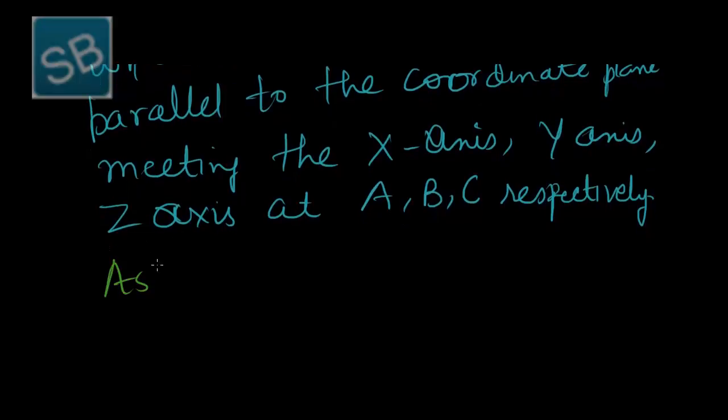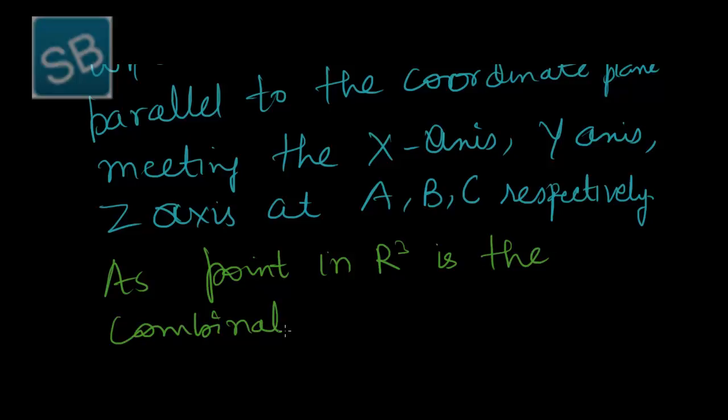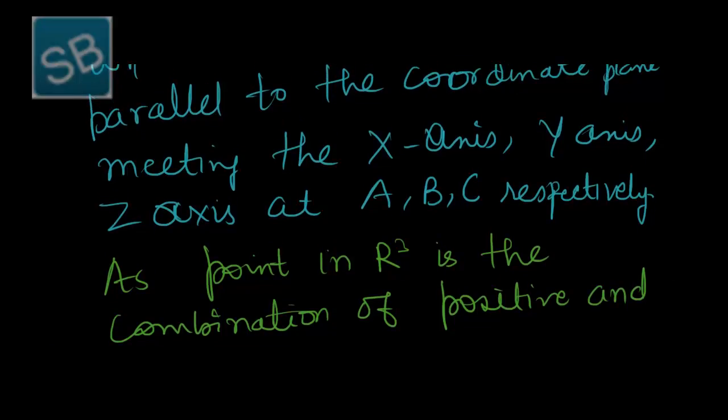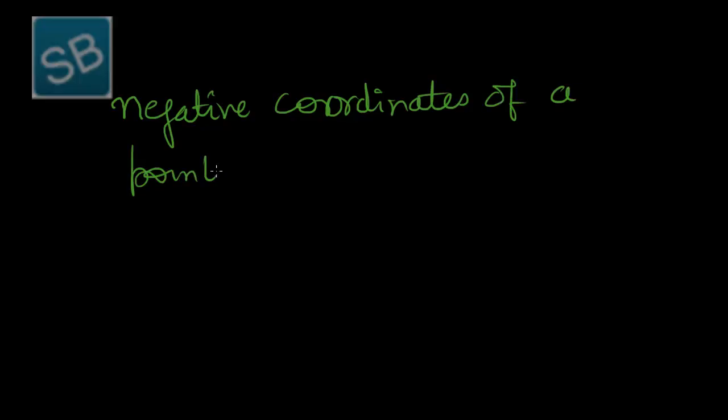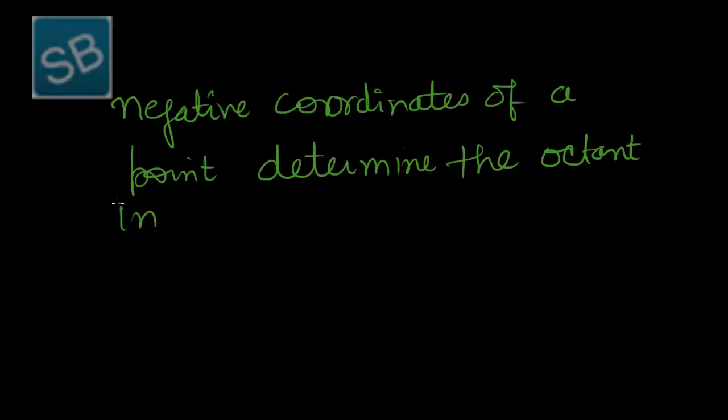Now, the combination of positive and negative coordinates of a point in R cube determines the octant in which the point lies.